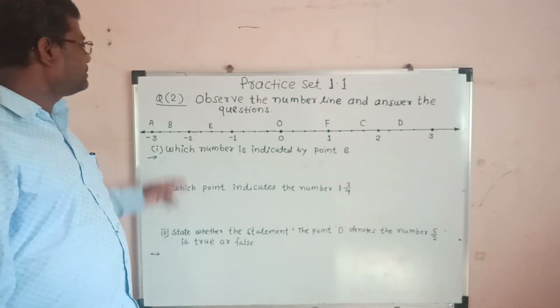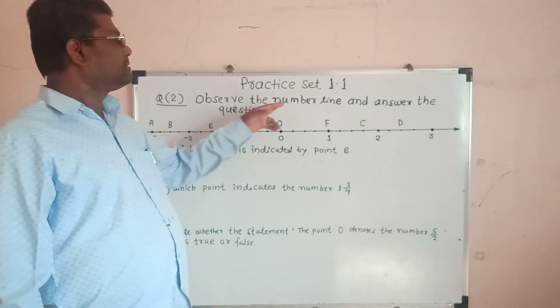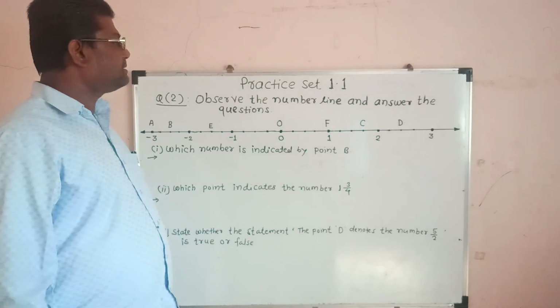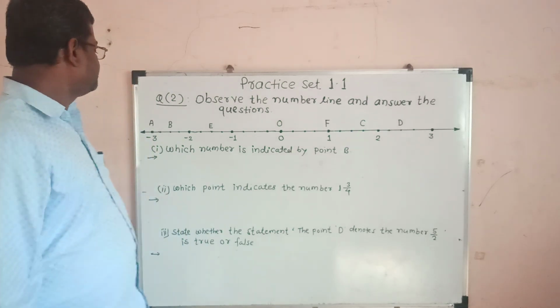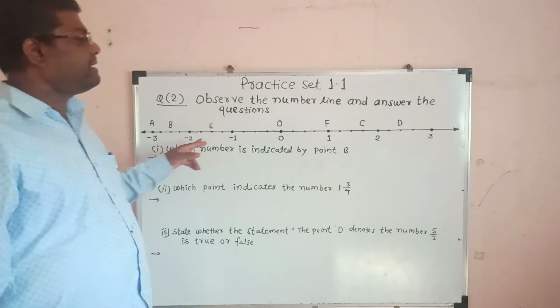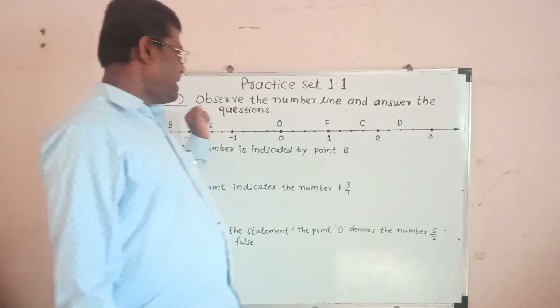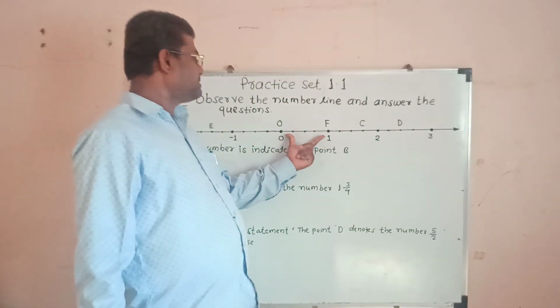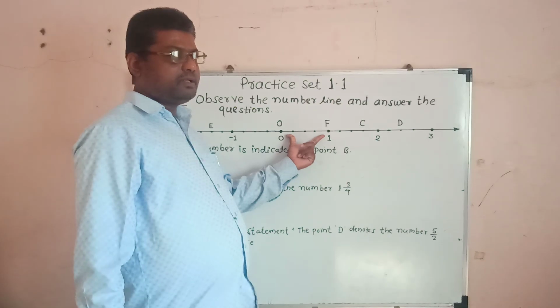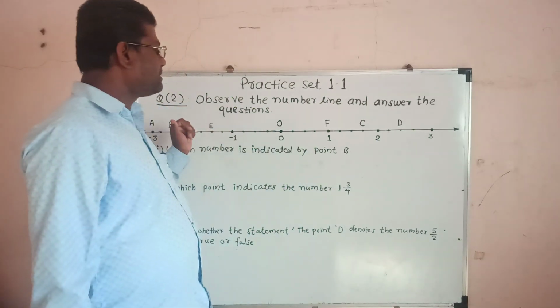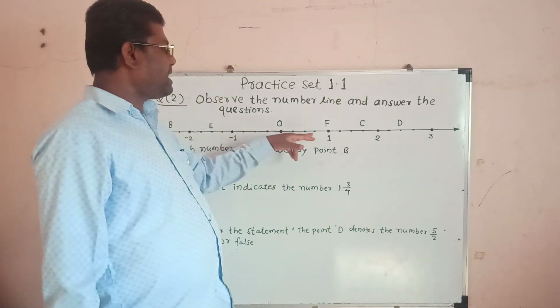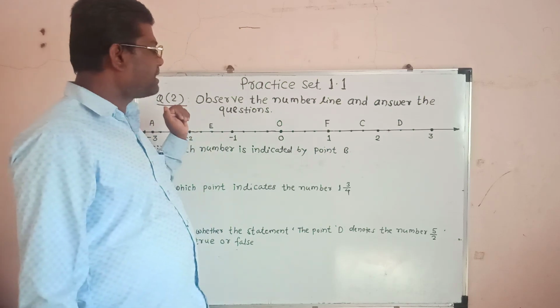Now question number 2. Observe the number line and answer the questions. Here one number line is given and each unit distance between two numbers is divided into 4 parts.